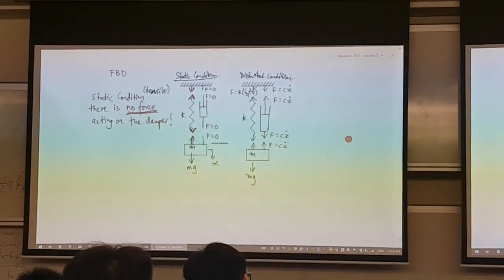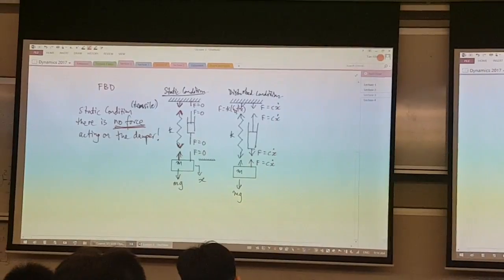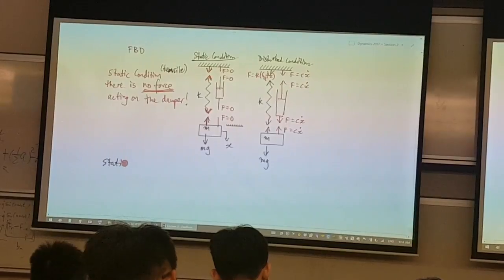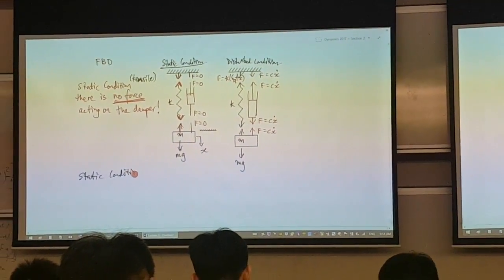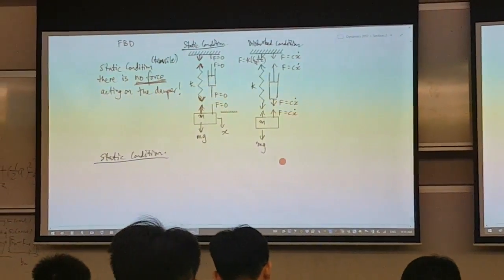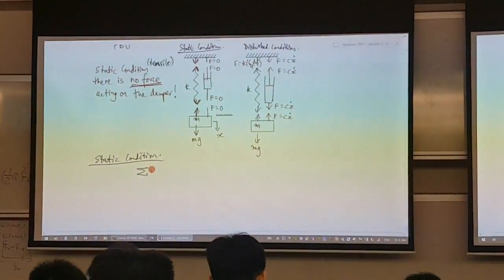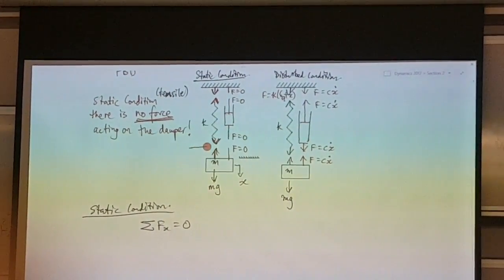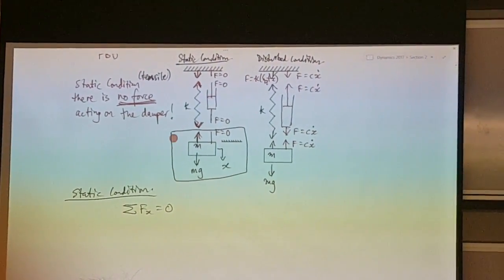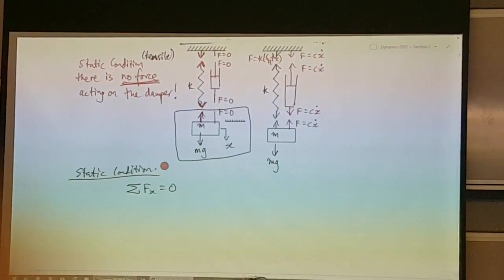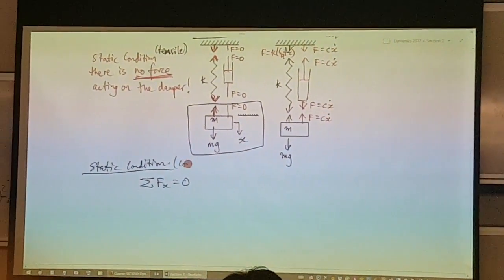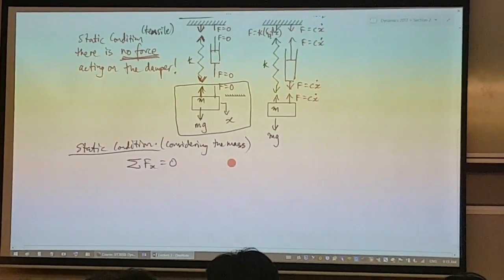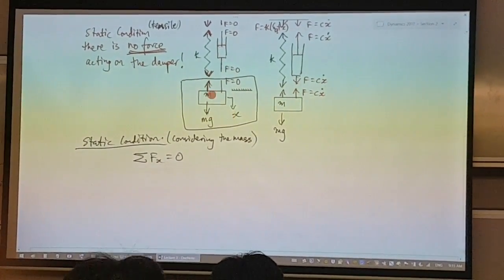So let's build up the equation of motion. Let's start with the static condition. For the static condition, we'll sum up the forces Fx, and that must be equal to 0. Considering the mass, sum up all the forces.